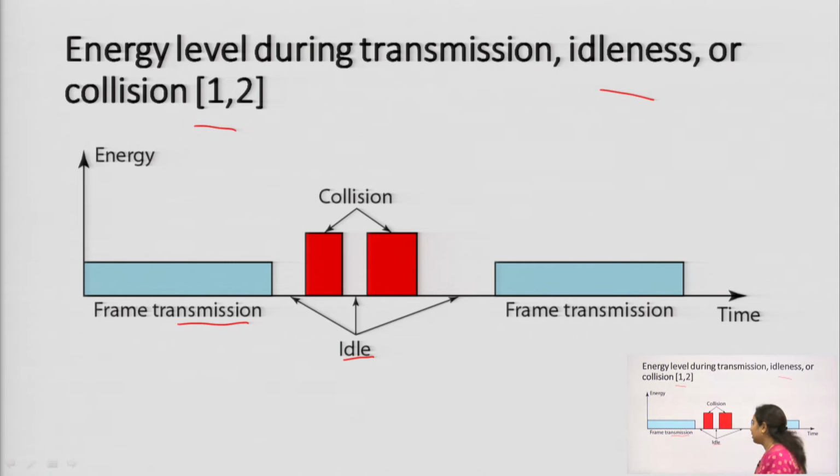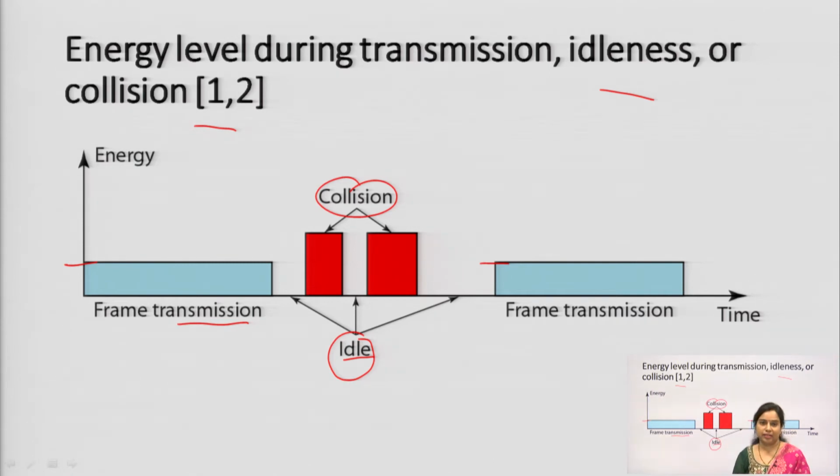Now, you can see that during frame transmission, we are not talking about idle and collision situations. In this frame transmission duration, the energy is quite low as compared to the duration when the collision has taken place.